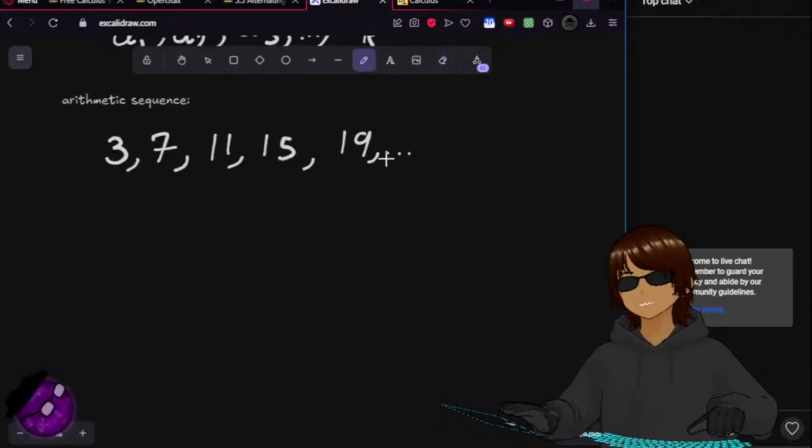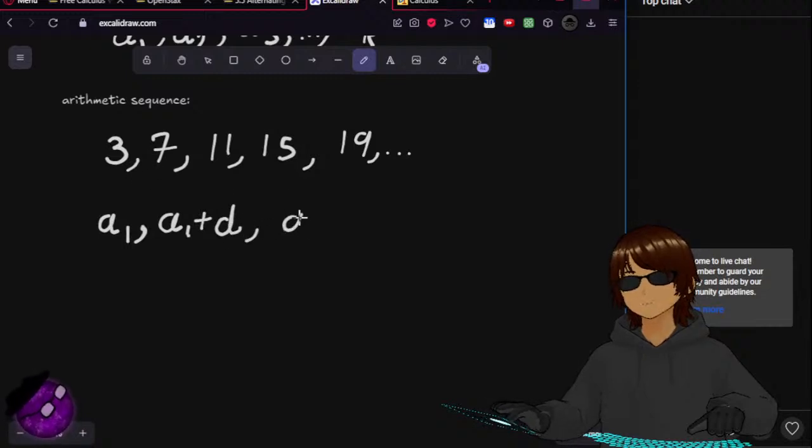And we represent each term, let's say this is n is equal to 1, n is 2, n is 3, n is 4, and so on. You can represent it like this. A1 is the first term, and the second term A2 would be, instead of writing this, I can rewrite it like this: A1 plus the difference, so plus 4 in this case.